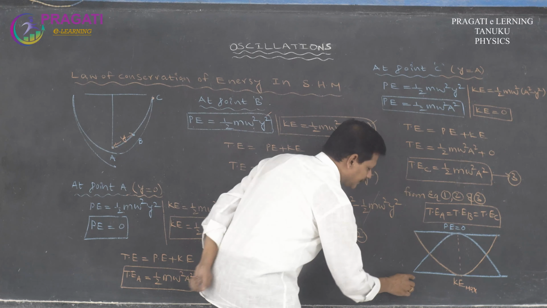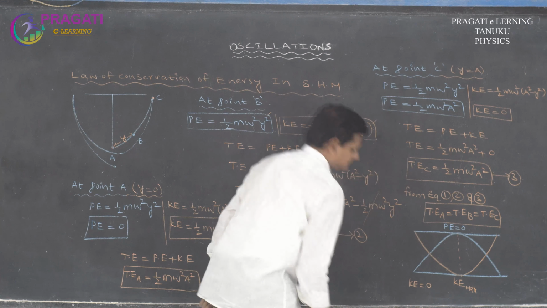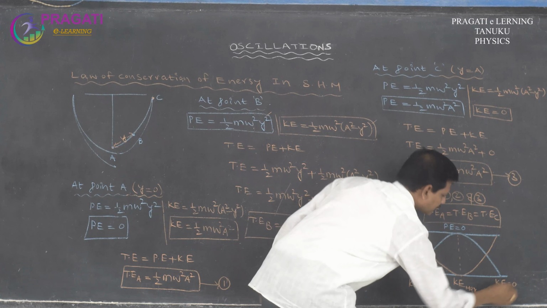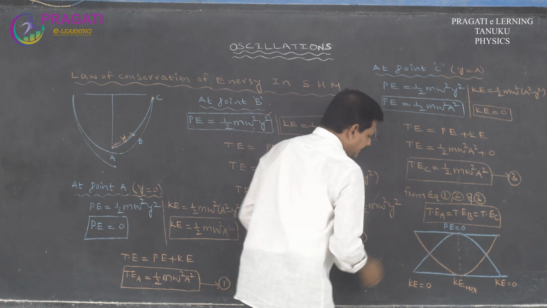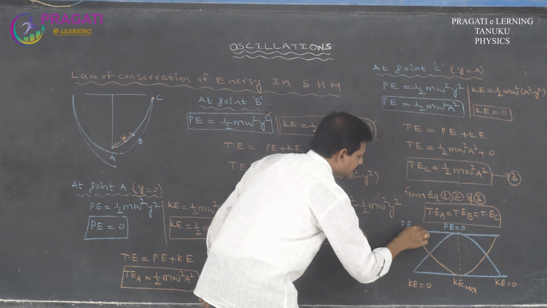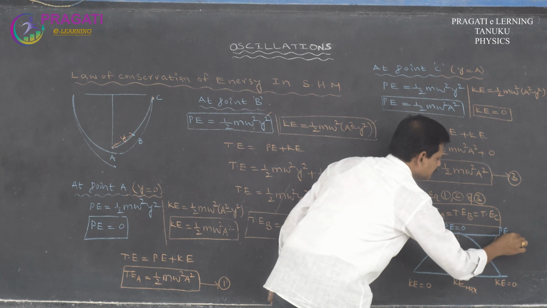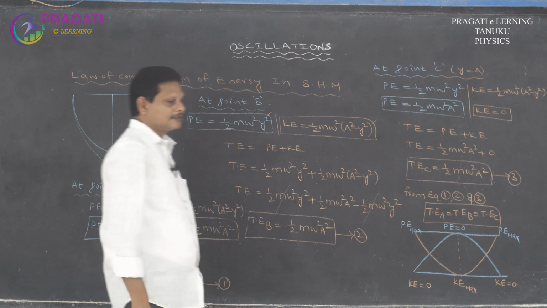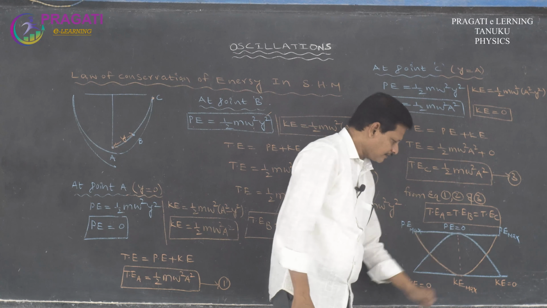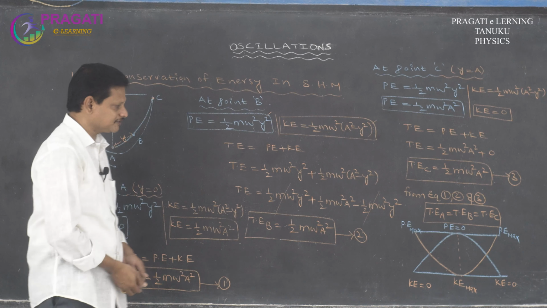At extreme position, kinetic energy KE is equal to 0. Okay? Potential energy is maximum at extreme positions. Okay? So this is the representation of variation of kinetic energy and potential energy with the displacement.